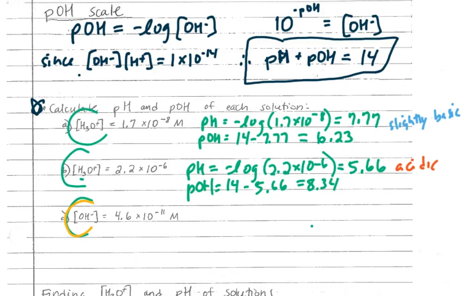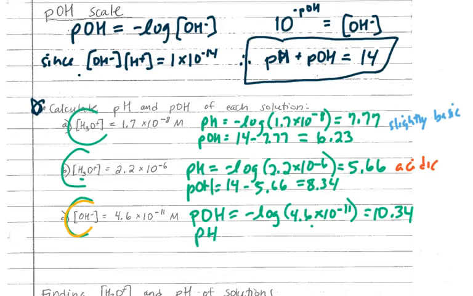Now for this last one, we're given the concentration of OH. So I'm going to start by calculating the pOH. Negative log of the hydroxide ion concentration is a pOH of 10.34.